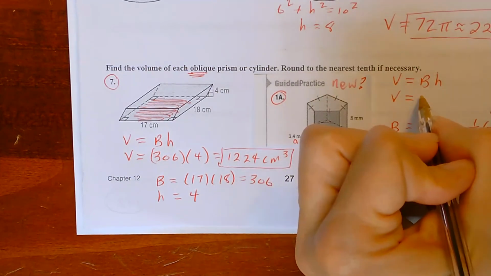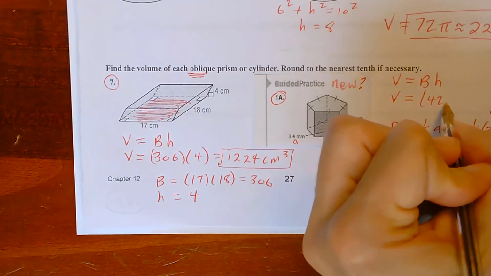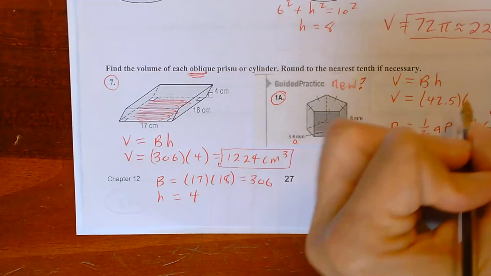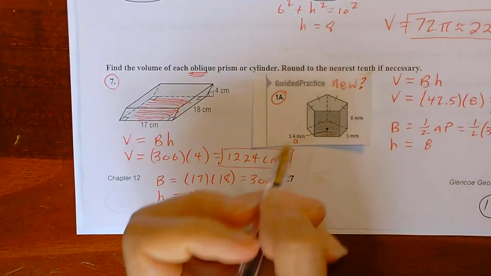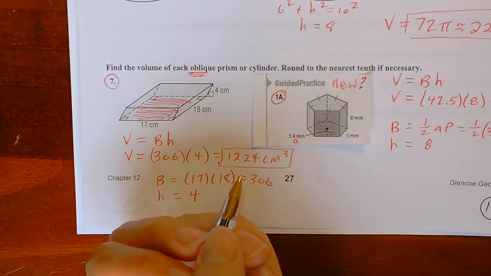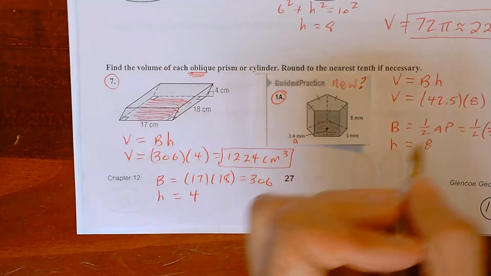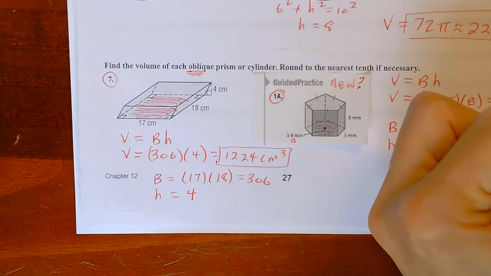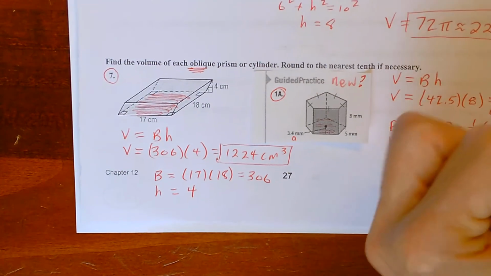So now, my volume is 42.5 times 8 tall, which will tell me how much liquid this would hold if you filled it up. And so 42.5 times 8 gives you 340 millimeters cubed because it's volume.